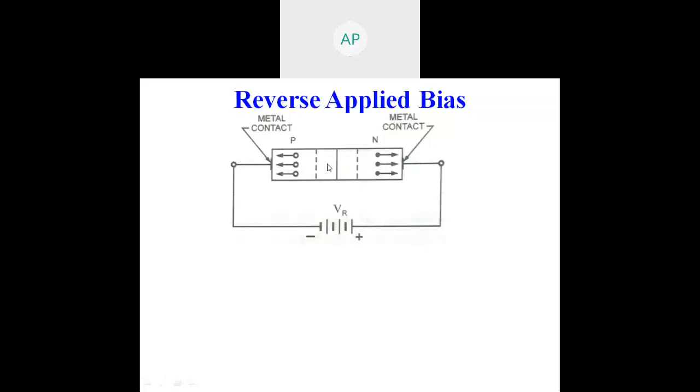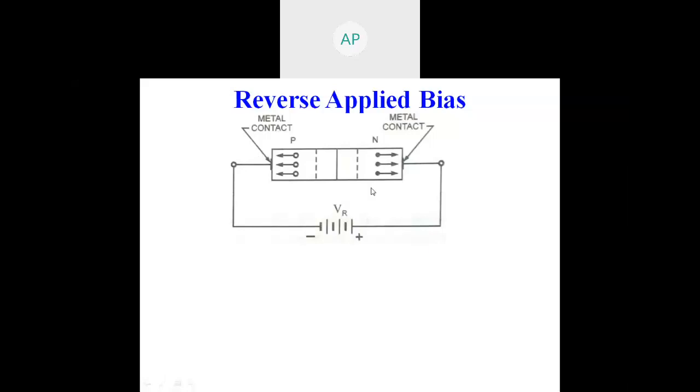But a small amount of collection will be there. Since the barrier is more, no current flows. So what will be the current flow for this one? This is for reverse bias: no movement of electrons crossing the junction, so no current flows through this configuration.